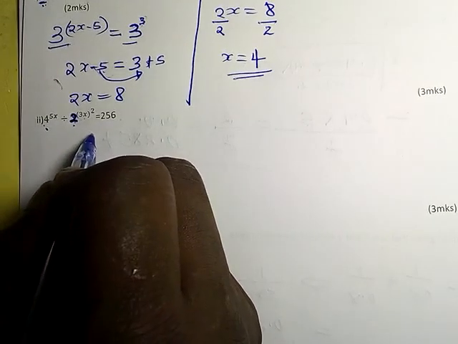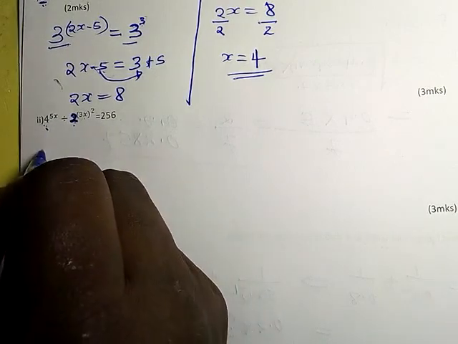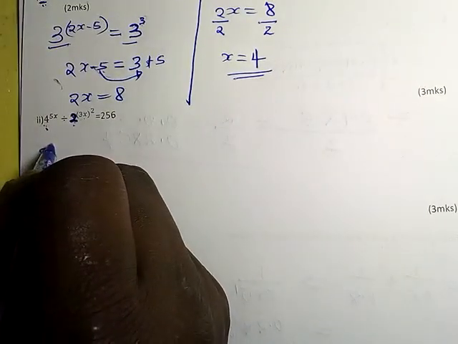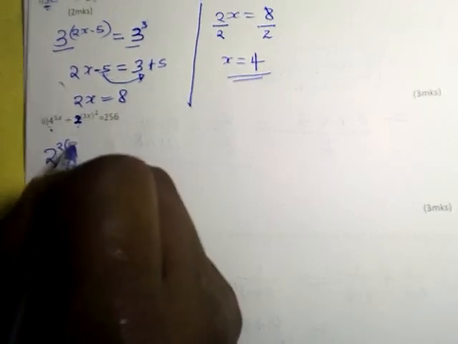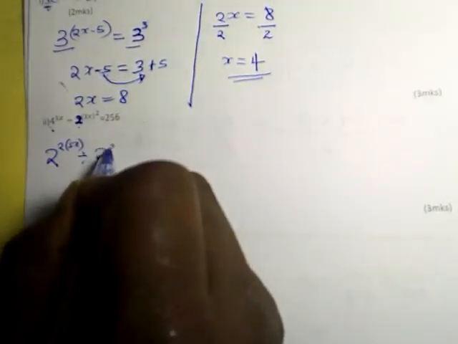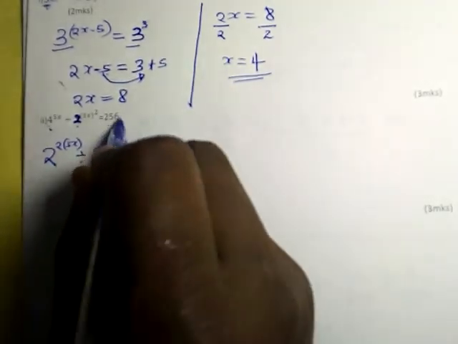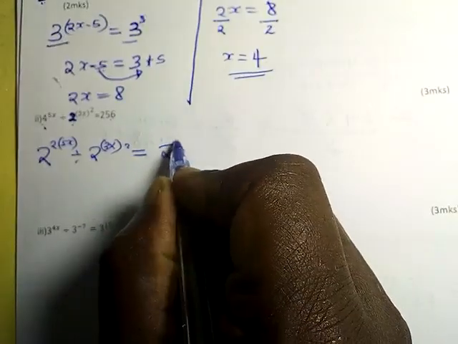That's our target. So 4 is 2 raised to power 2, times 5x, divided by 2 raised to power 3x squared, equal to, this number can be written to base 2 to power 8.